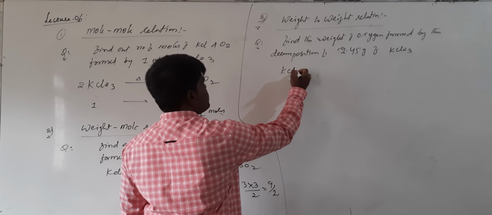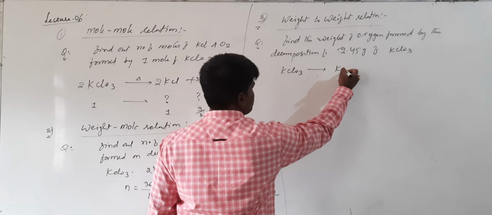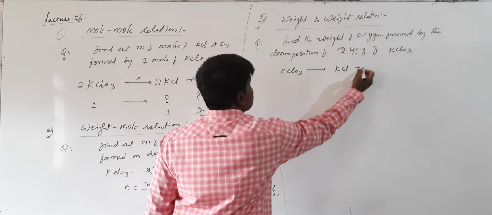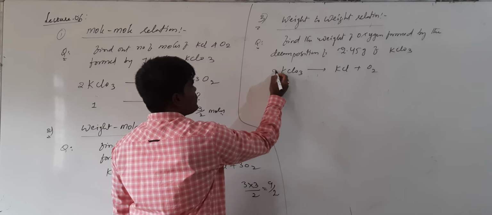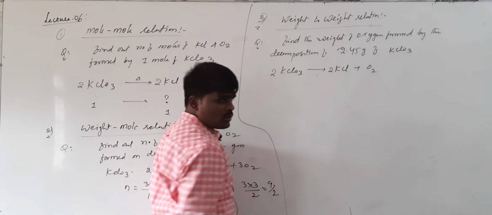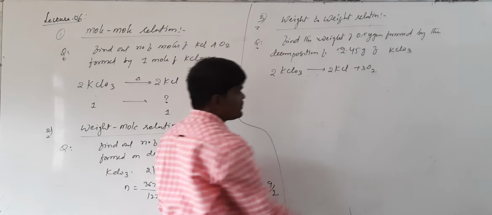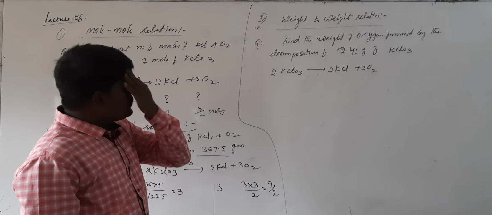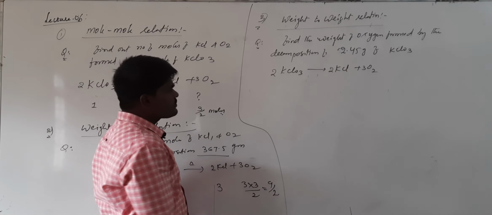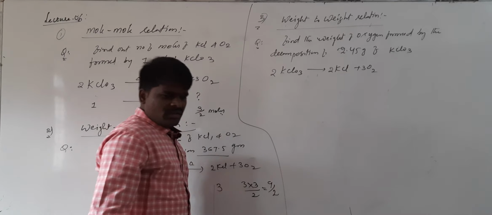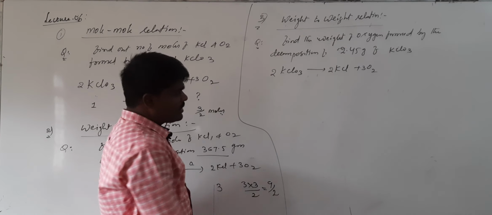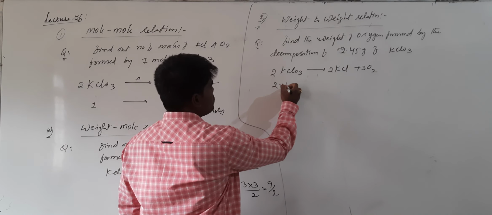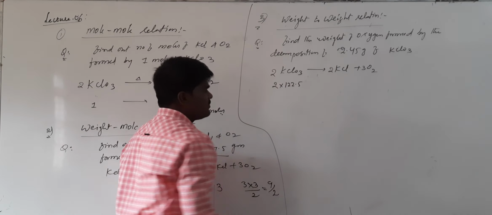Whenever you are dealing with any such type of question, first of all you need to write the balanced equation. 2 moles of potassium chlorate will give 2 moles of potassium chloride and 3 moles of oxygen. Now try to establish the weight relation here. What is the weight of 2 moles of potassium chlorate? 2 into 122.5.